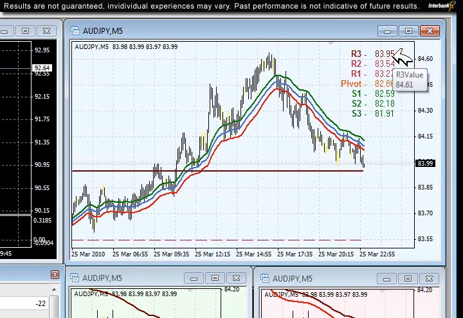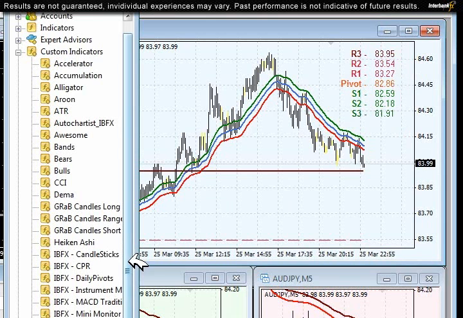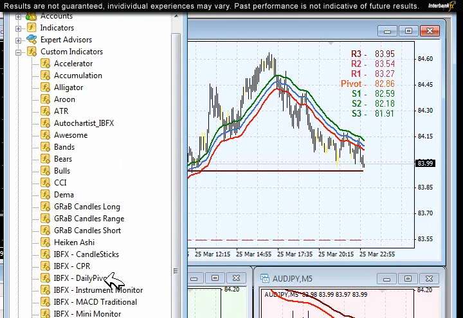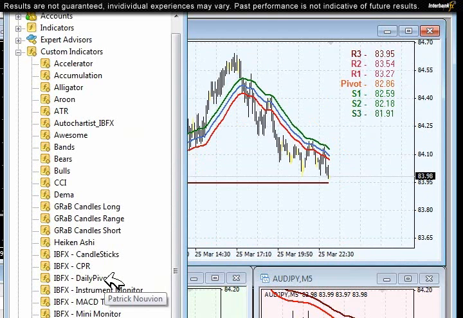Psychological levels, pivots, they just are. I don't have to make any kind of analysis decisions about where these levels are. If I'm utilizing the IBFX daily pivots tool, which you can download right from the IBFX.com site, it's automatically overlaid. I don't have to make any decisions about it.